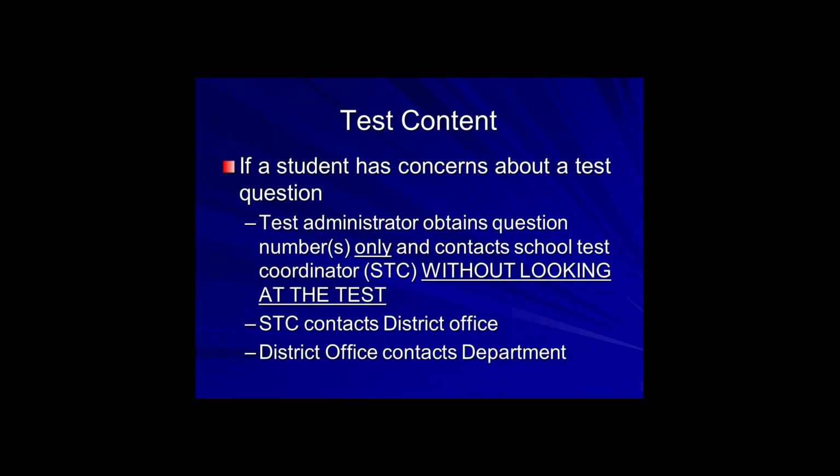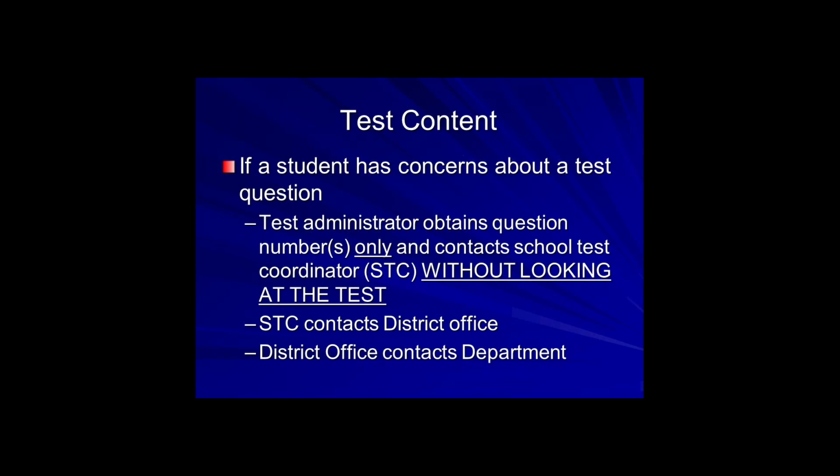This is awkward, but it's in line with our test security procedures that administrators have no real need to look at the assessment. If a student has concerns about a test question, the test administrator should contact the school test coordinator with the question number. The school test coordinator contacts the district office, who contacts us here at the Department of Ed. We'll pull a copy of the test.